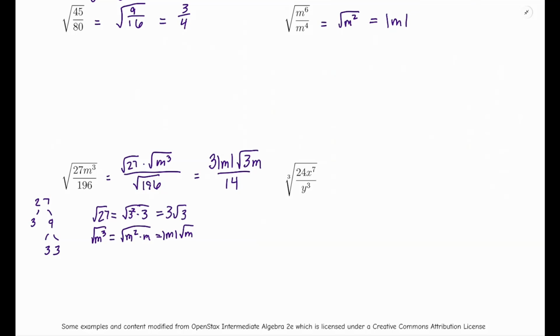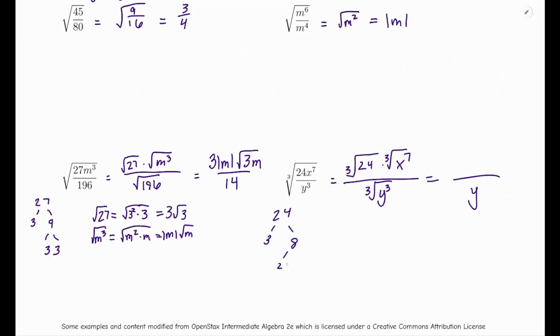And the last example, this will become the cubed root of 24 times the cubed root of x to the 7th over the cubed root of y cubed. Again, y cubed is a perfect cube, so that becomes y. And I need to simplify the other ones. So 24 is 3 and 8, which is 2, 2, and 2.